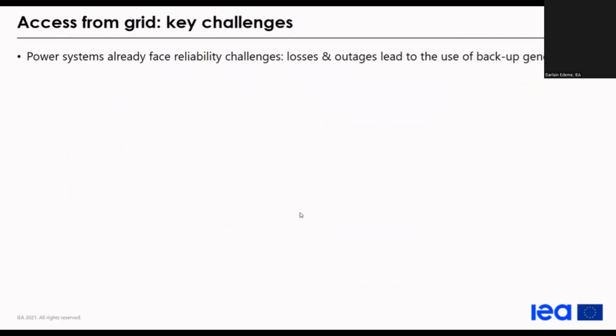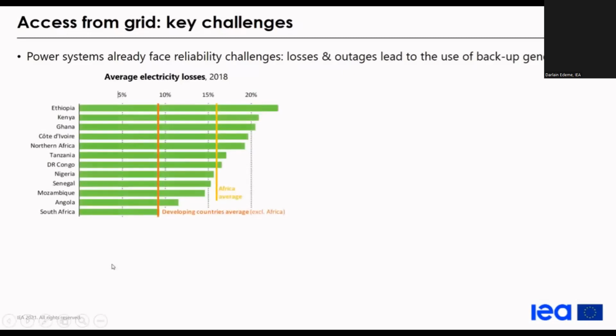As we just mentioned, there are different options and technologies to provide electricity access, and the main one is the grid. Still, there are some challenges coming with grid-based power systems, and just to mention one, as you know, there are some losses which are due to the nature of how networks work.